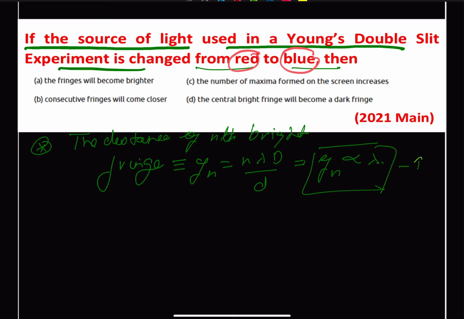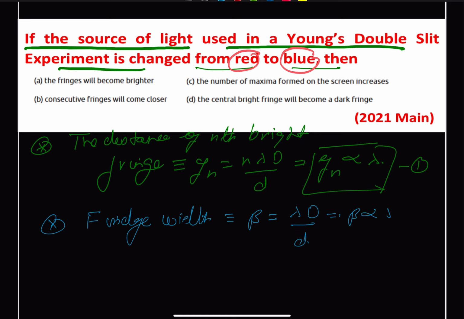Let us call this the first equation. And second, we know that beta, that is our fringe width, is equal to lambda D upon small d, and here also beta is directly proportional to lambda.